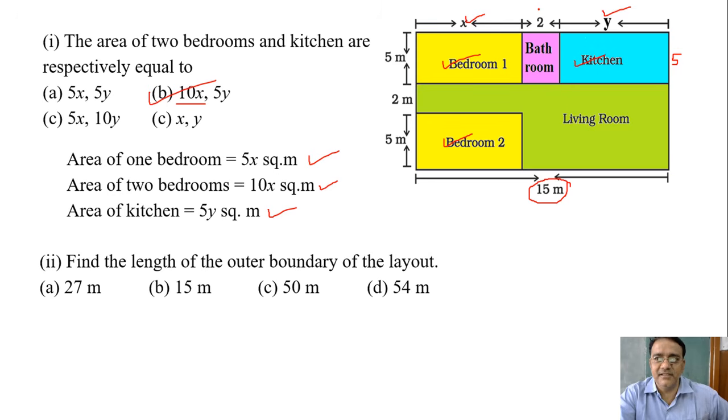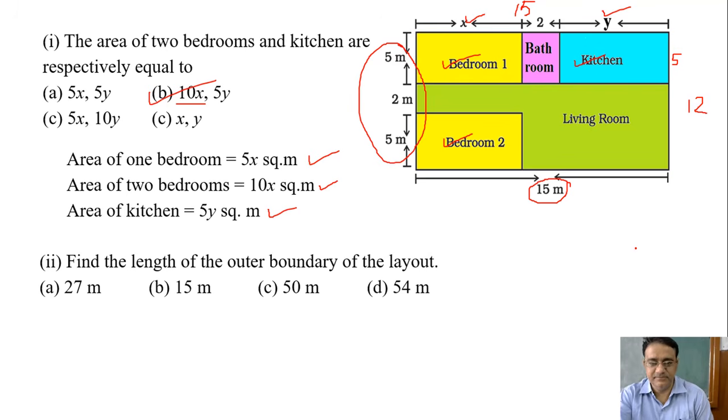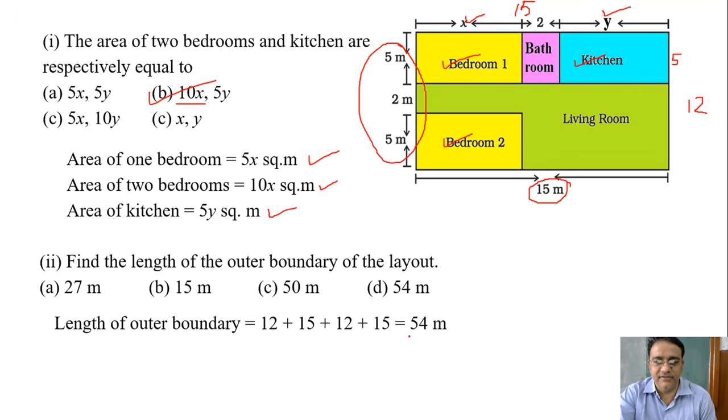So the length of this is also 15, and this length is also known to us. What is the length of this one? Breadth 12 meter. तो यहाँ पर 12 होगा. So 15 plus 15 plus 12 plus 12. So we'll get 54. So the correct answer is D.